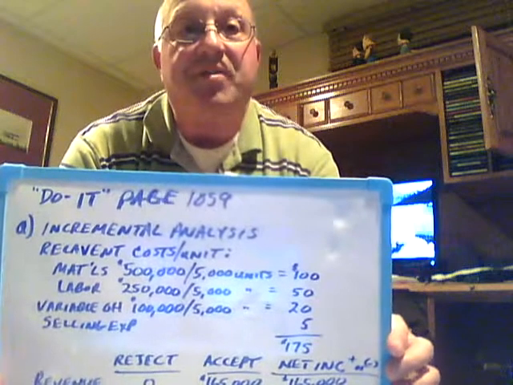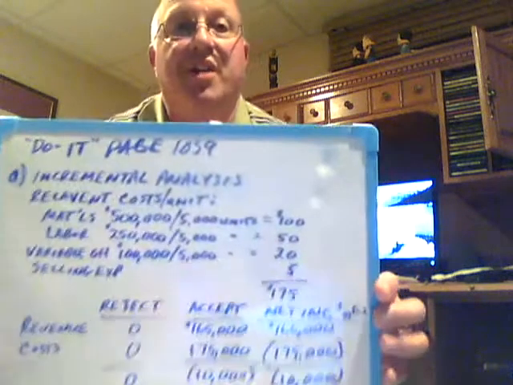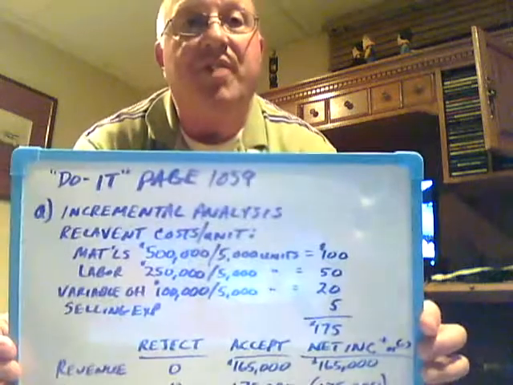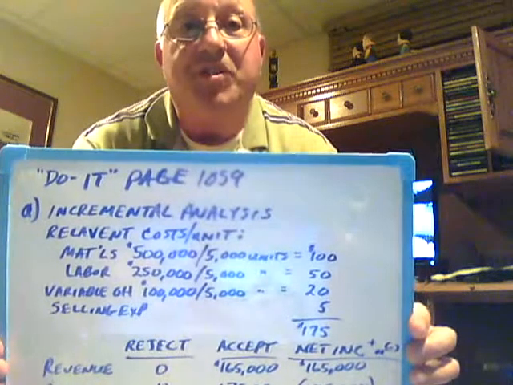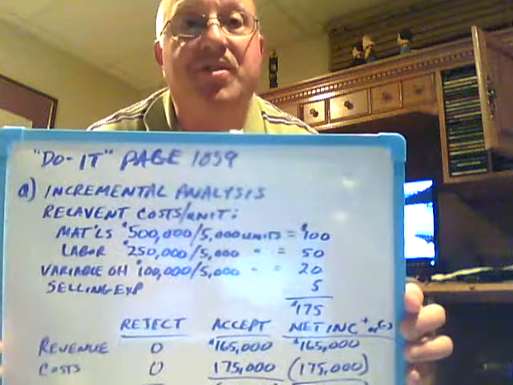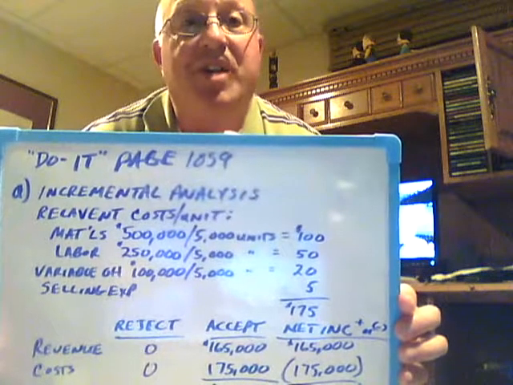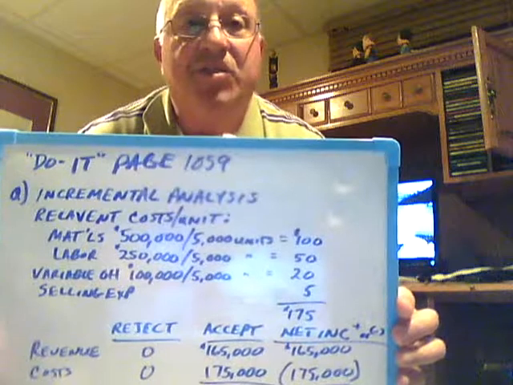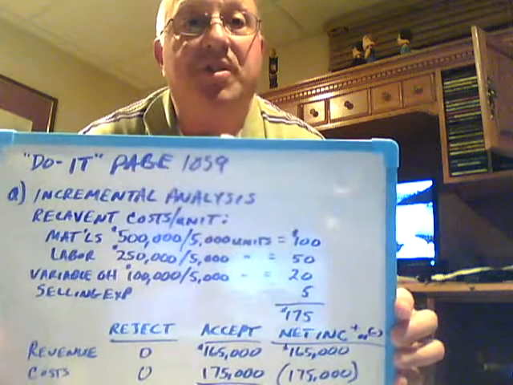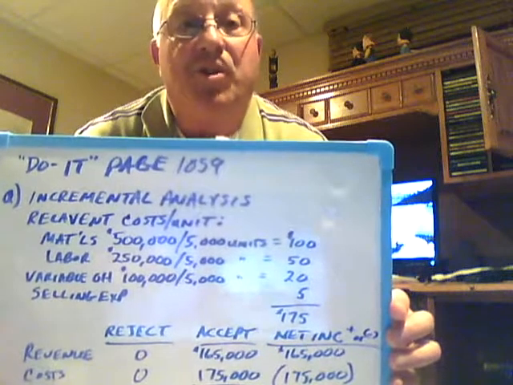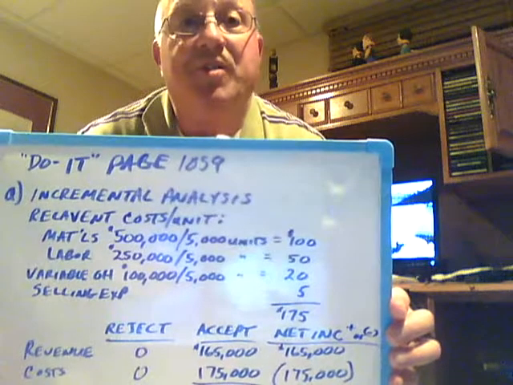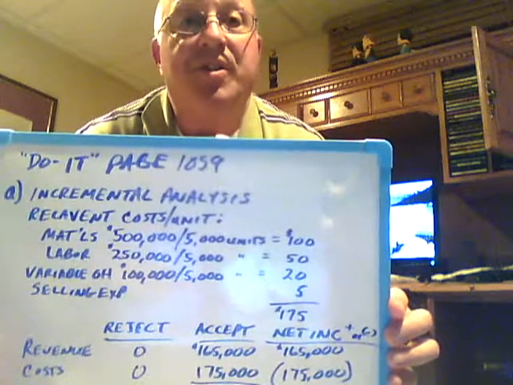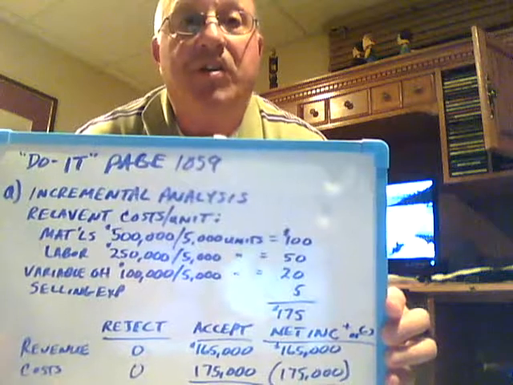So here again, it's very important to look at what are the relevant costs and revenues involved in this, and I think we're going to find in this case it's pretty much on the cost side of things where we're looking.